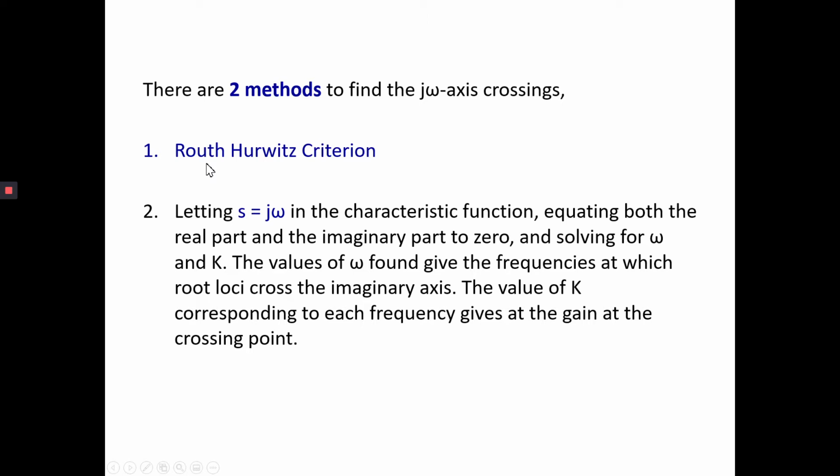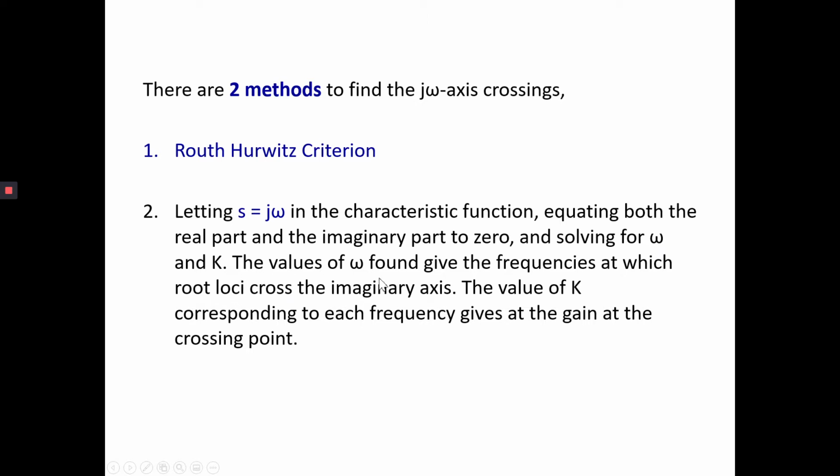The first one, as you learned in the principles of basic instrumentation and control systems, is the Routh-Hurwitz criterion. And the second method is to let s equal j omega in the characteristic function, equating both the real part and imaginary part to 0 and solving for omega and k.